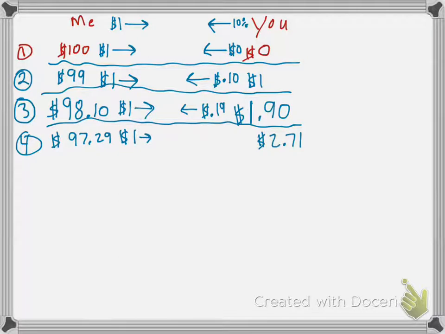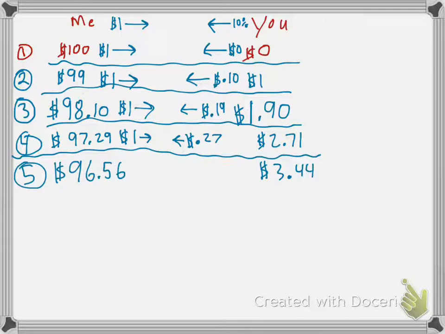You give me 10% of what you have, which we'll just round to the nearest penny, I guess. And so this is day 5, what it's going to look like. I will end up with $96.56, and you will end up with $3.44. So again, every day I give you $1, every day you give me 10%.